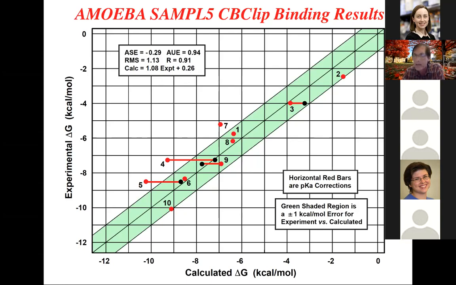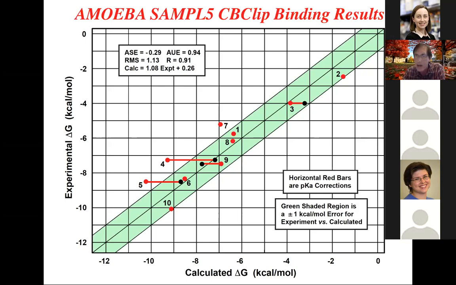That's a pretty decent result, we think. It's the kind of level that we're hoping to achieve. In particular, we're very happy that the slope is close to 1, as it should be, and that the offset is relatively small.